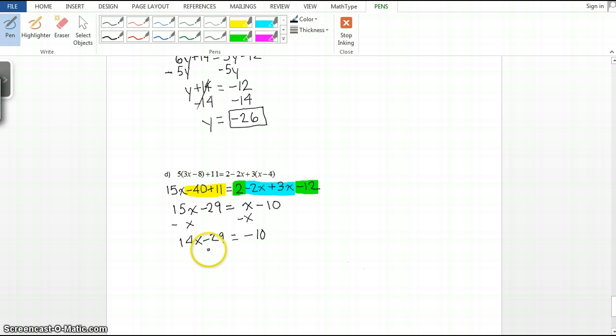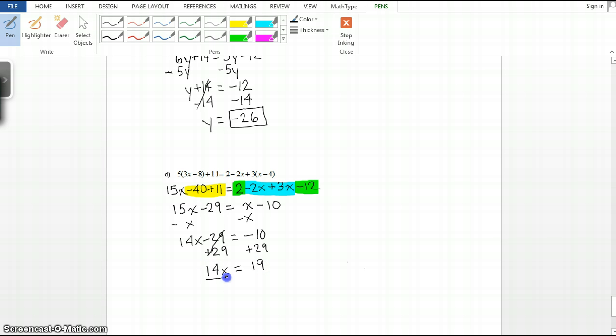Alright, so now, since my variable was on the left-hand side, I need to move that constant to the right-hand side by adding 29 to both sides. Negative 29, positive 29 cancel. My 14x comes down. Negative 10 plus 29 gives me a 19 positive.